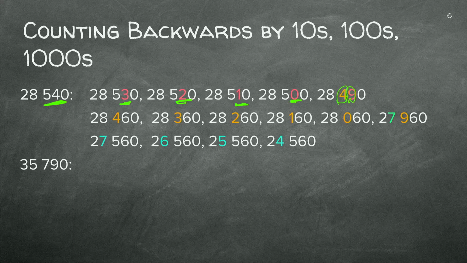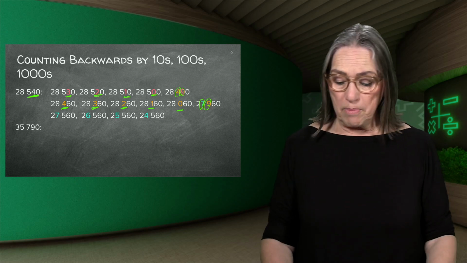So the similar process will follow with the hundreds. I'm going to go a little bit faster because I think you know it now, right? 28,460, 360, 200, 100, 0 and 60, and then 27,960. So you can also check yourself by just looking at it.